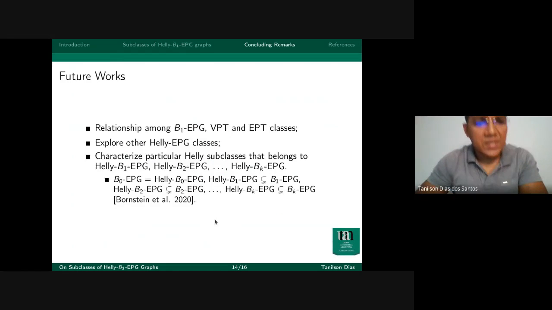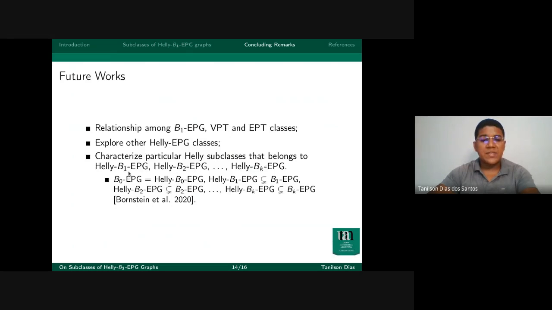Future works. We want to study the relationship among B1-EPG, VPT, and EPT classes. We want to explore the Helly-EPG classes, and we want to characterize particular Helly subclasses that belong to Helly B1-EPG, Helly B2-EPG, and Helly BK-EPG. By literature, we know that B0-EPG coincides with Helly B0-EPG.